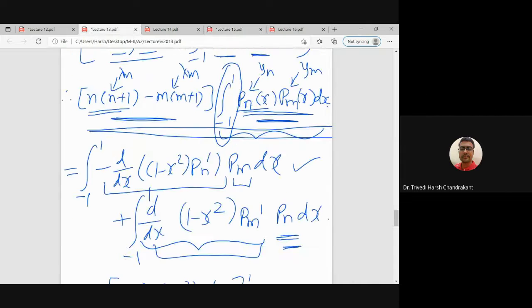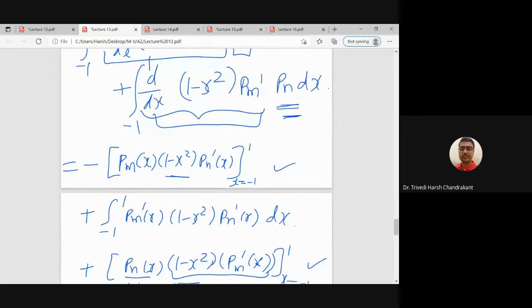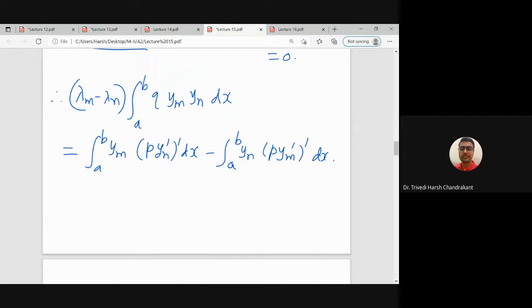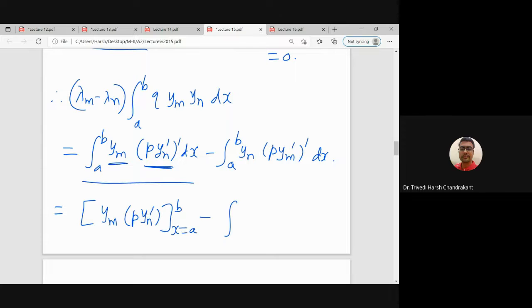And then we know that in the next term we are using integration by parts. So if we use integration by parts, we need to integrate this term and differentiate this term. So that means we will get the first term to be ym times p yn dash, the limit is from a to b, minus the second term of this integral will be a to b ym dash p times yn dash dx, right?